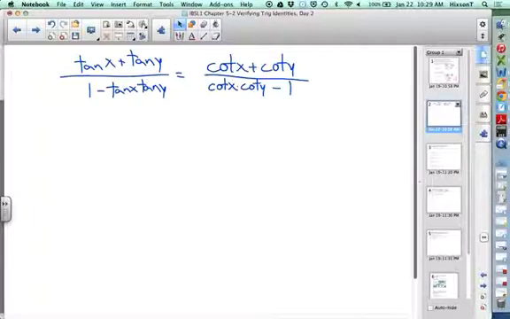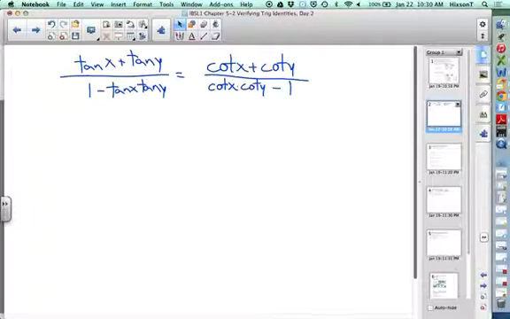When I initially tried this one, I ended up with an entire screen full of stuff, mostly just working with the numerator on this side. It got really messy, and I realized that I needed to try something different. That happens.